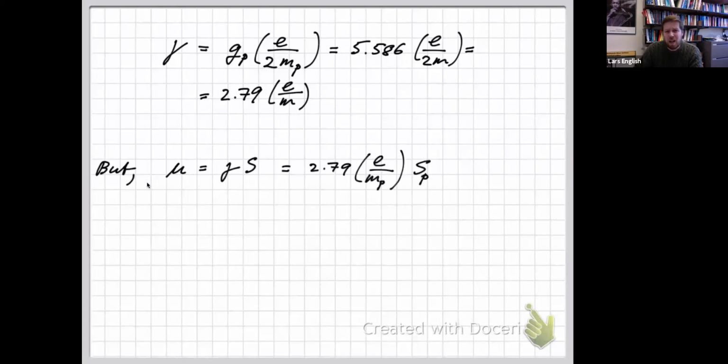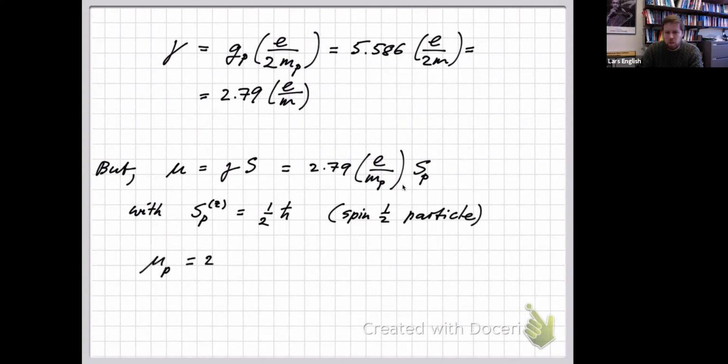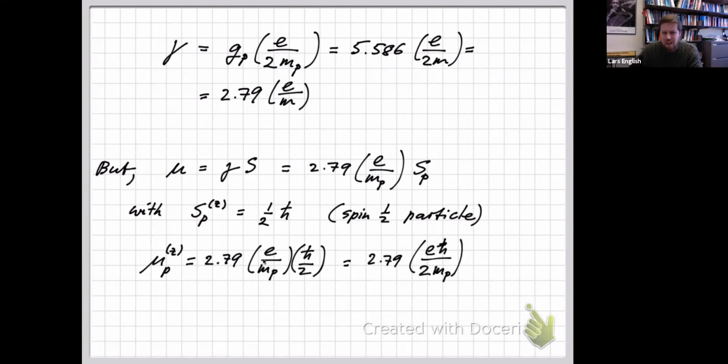And then we can use this gamma in the formula to find mu. We already know what S is, namely S is 1/2 h bar for a spin 1/2 particle. So we plug everything in, and we get this combination of constants. I plugged in h bar over 2 for S, and I get E times h bar over 2, over quantity 2 times the proton mass.